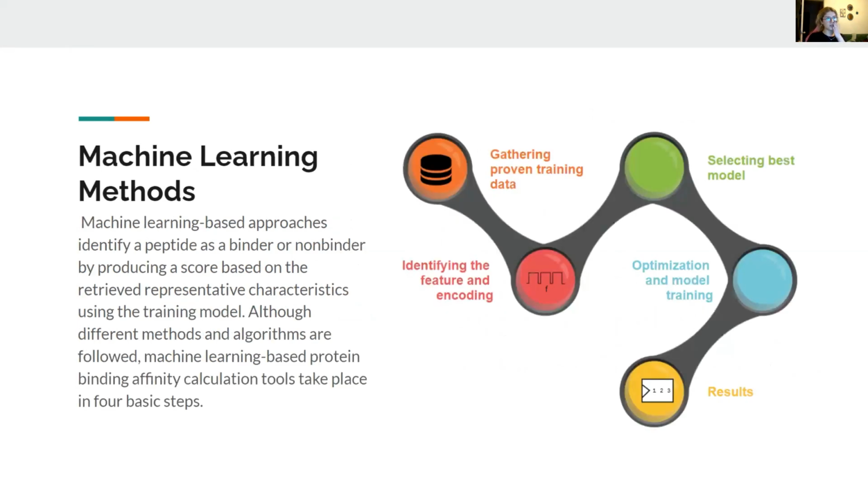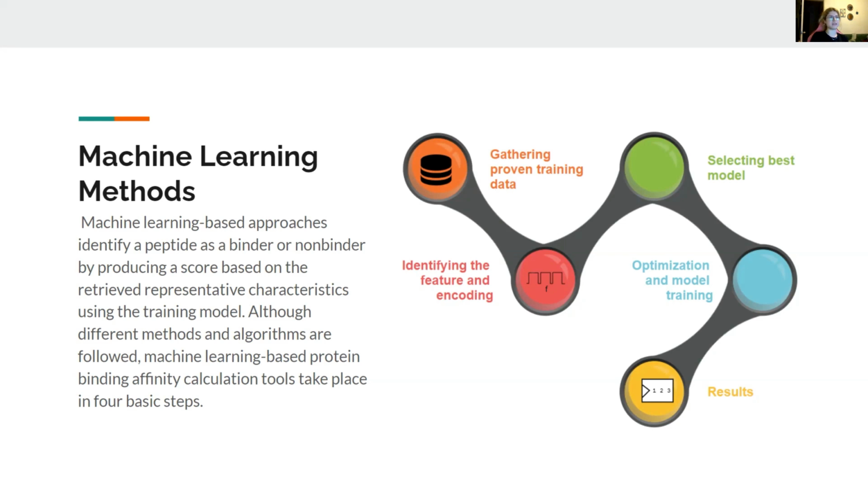Machine learning methods are the most trendy in research because machine learning develops, and this also developed consensus methods. They have basically four approaches. The first is gathering proven training data, and this was a limitation before, because it must be proven data from biological labs.